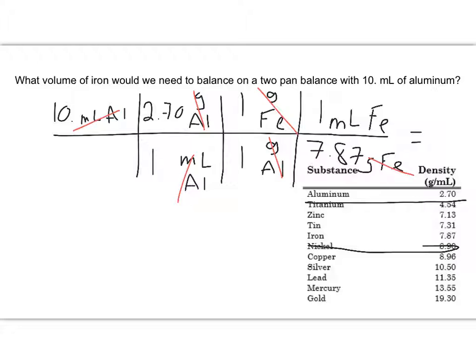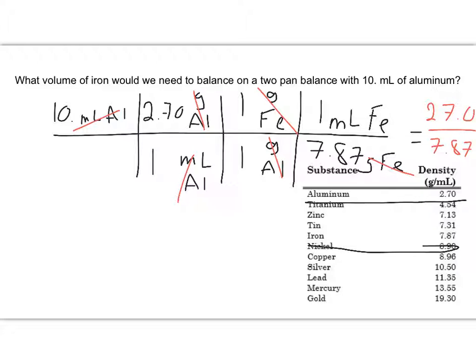Okay, so as we multiply across the top, we get 10 times 2.7 times 1 times 1, which just comes out to be 27.0. And we can multiply across the bottom, 1 times 7.87, 7.87.